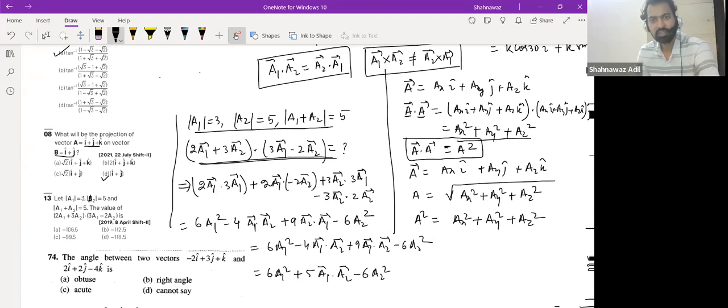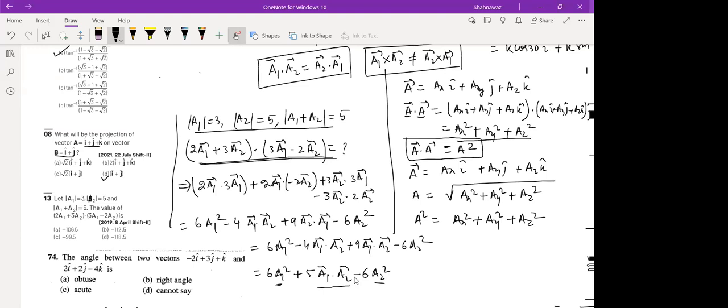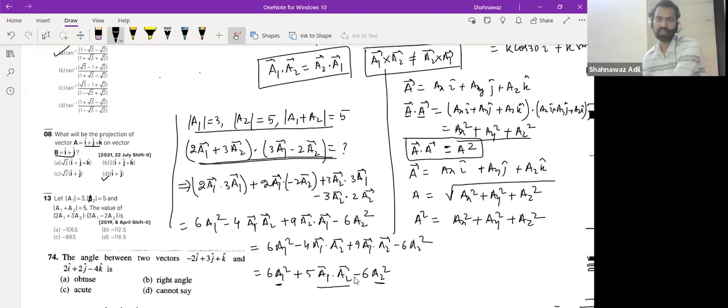Right. So a1 we know, right? a2 we know. We don't know this a1 dot a2. Right, guys? Yes, sir. So we have to find how can we get this a1 dot a2. But we have only this much information. This one, this one, this one. So how can we get a1 dot a2? Any idea, guys?